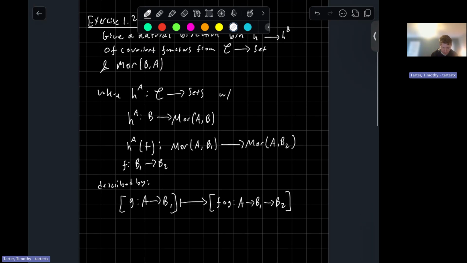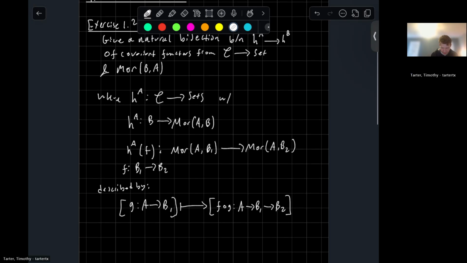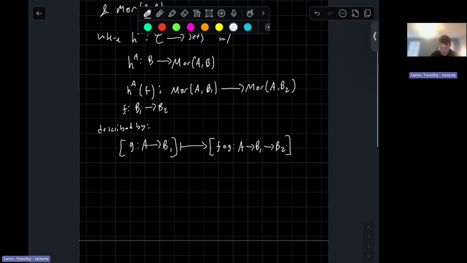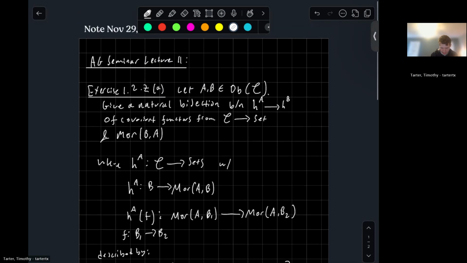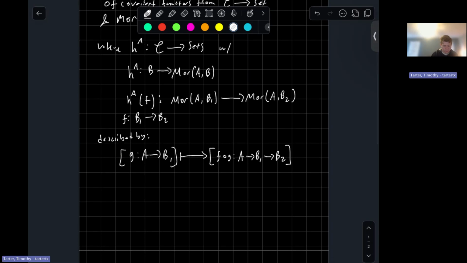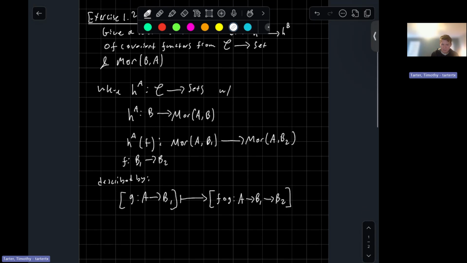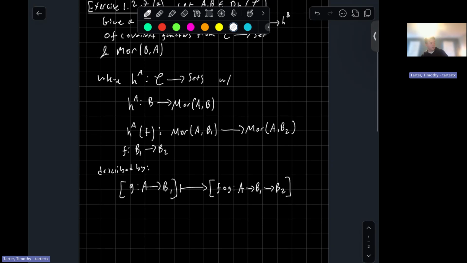So if you have a morphism from B to A, then Mor(A,B) gets sent to Mor(A,A). That is definitely a natural isomorphism. I think that satisfies it, in terms of what this is saying.